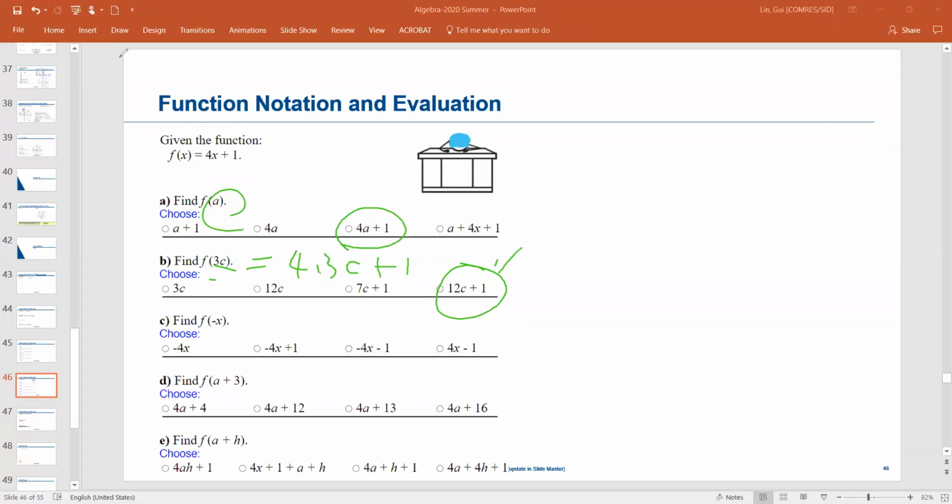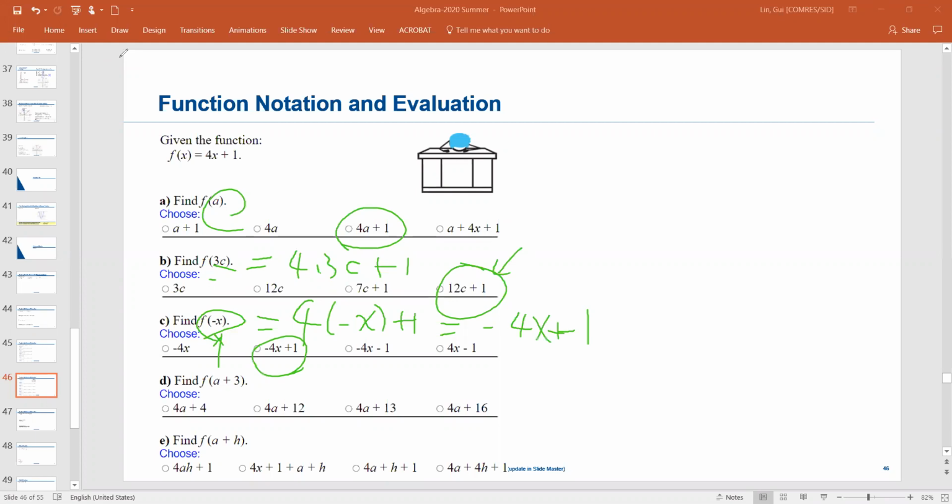So you can get these answers. Same here, x replaced with the -x. So x replace -x, right? Because the initial x replaced with the -x, right? So here became -4x plus 1. So the answer is this one, right here.